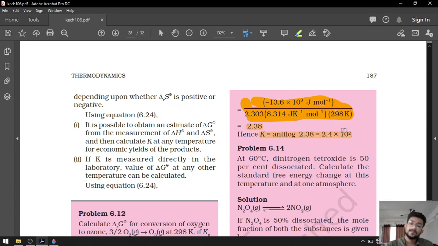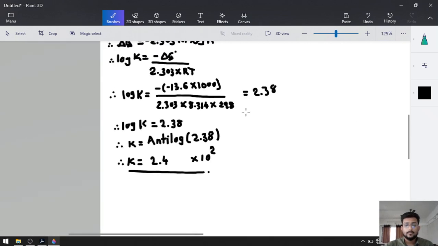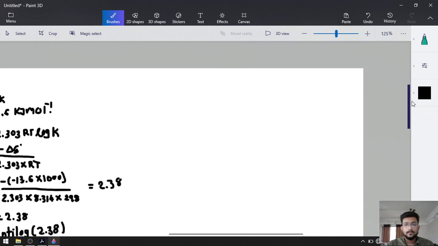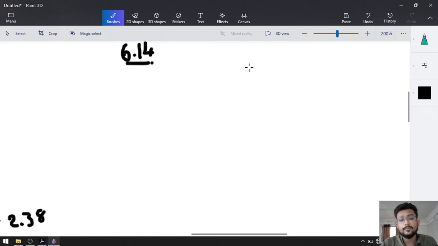After that, problem number 6.14. Before we start problem 6.14, let me tell you something, guys. This problem belongs to chapter number 7, because they have used some formulas from chapter number 7 which we have not studied yet.